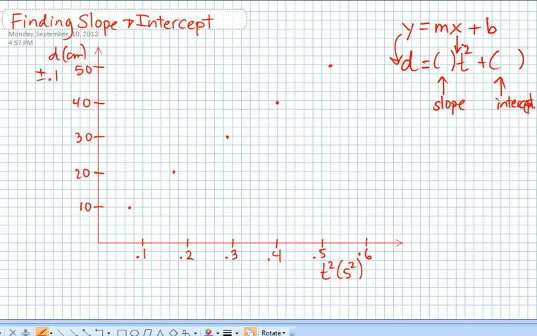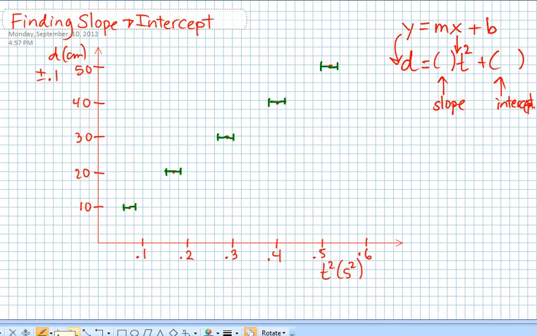Okay, so what I'm going to do is attempt to draw a line through my points. Now, you're not going to have uncertainties on your second graph, and we'll talk about why that is later on. But you can imagine on another graph for another lab, you might have uncertainties. Okay?